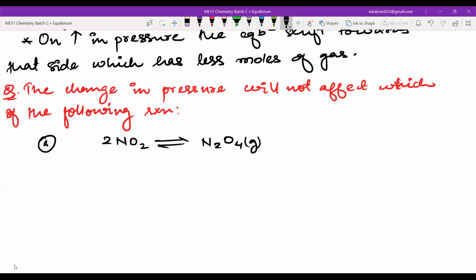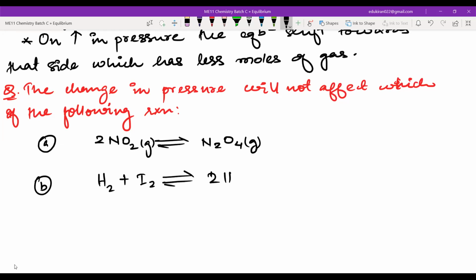Both of these are gases. All of these are gases.